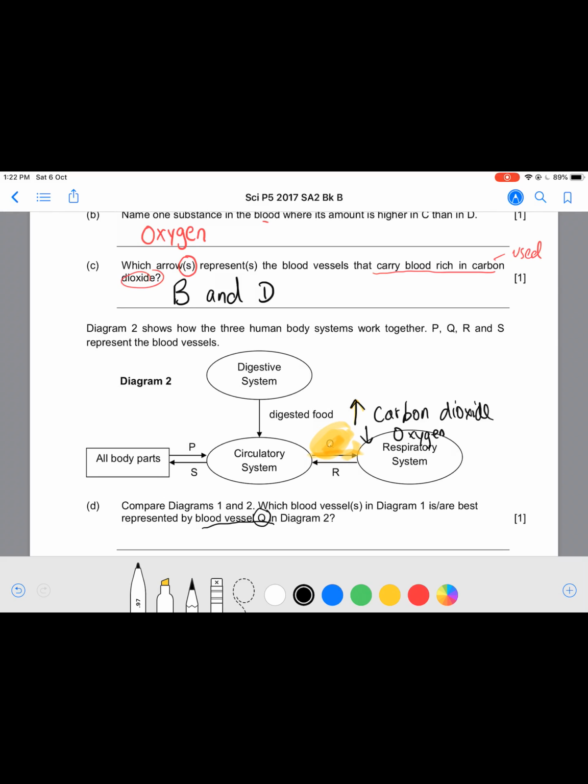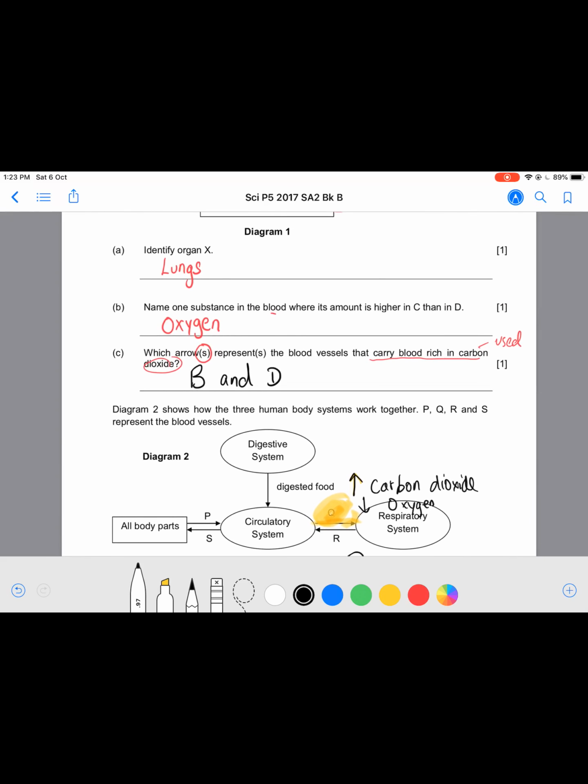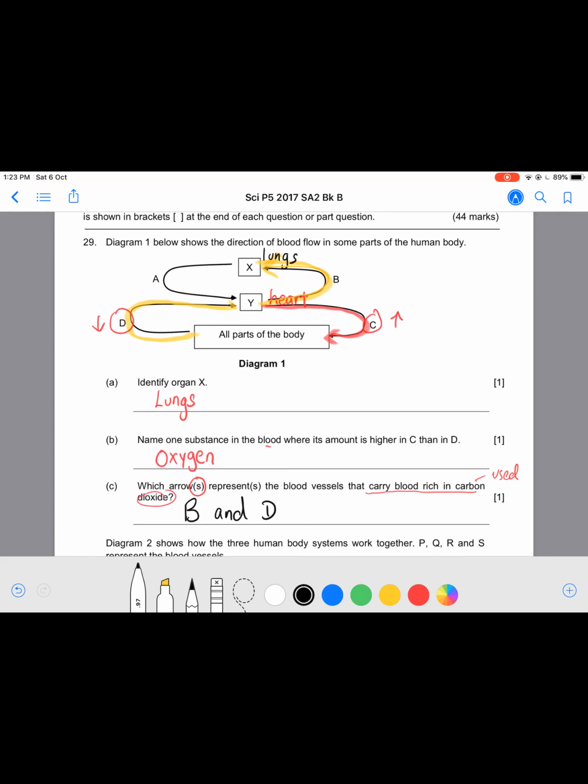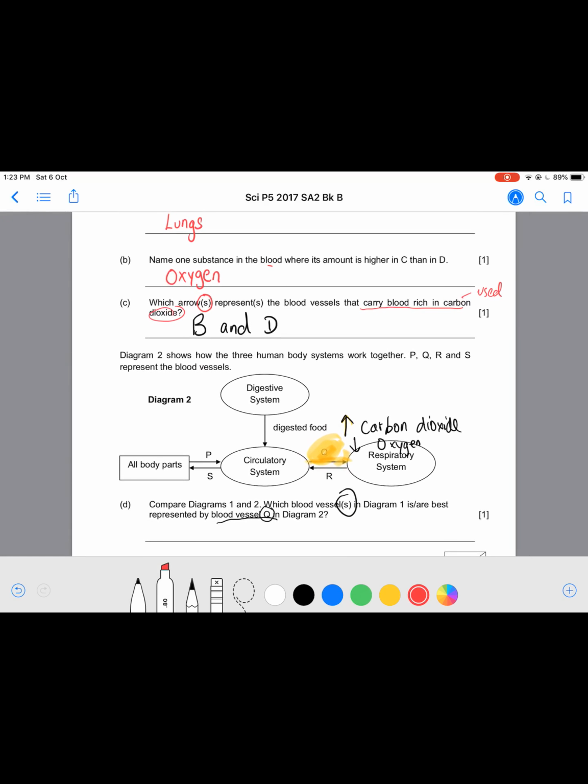So which blood vessel, it can be more than one again, would represent the carbon dioxide and oxygen going towards the respiratory system? And it will be over here. You look at diagram 1, it will be the one that goes to the respiratory system that's rich in carbon dioxide. So the arrow will be B in this case. It's quite a straightforward question.